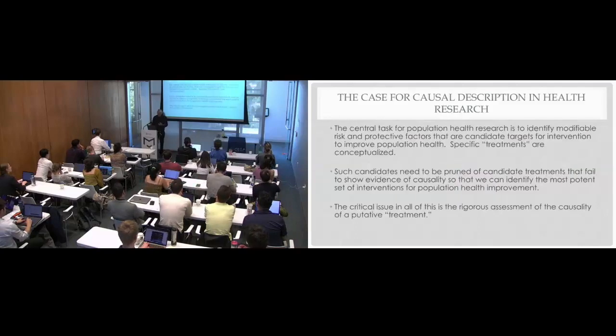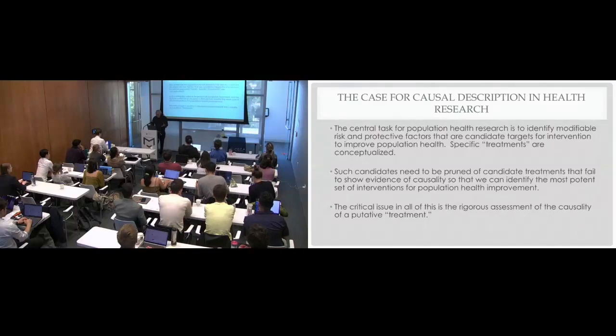So I'm going to give you the case for causal description in health research. And I think it's the dominant one in some domains anyway. The central task for population health research is to identify modifiable risk and protective factors that are candidate targets for intervention to improve population health.